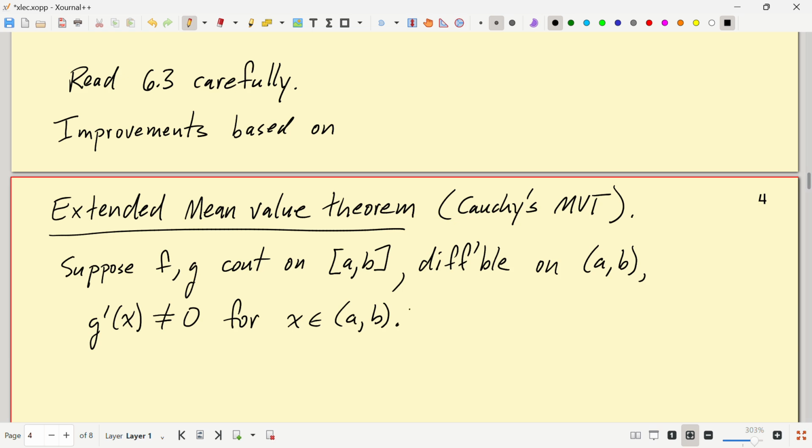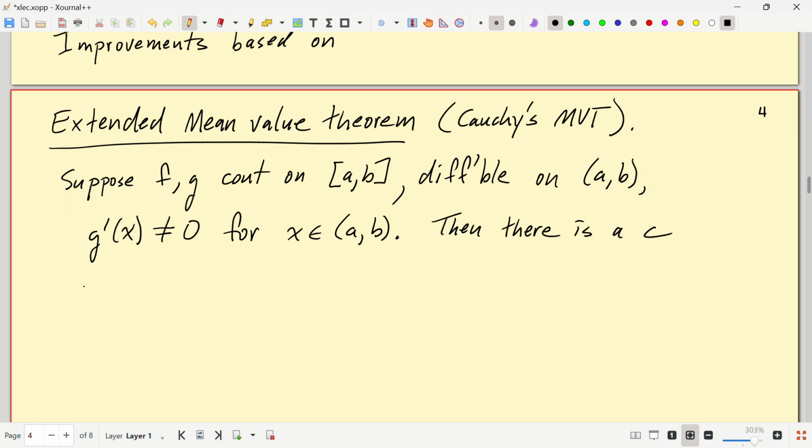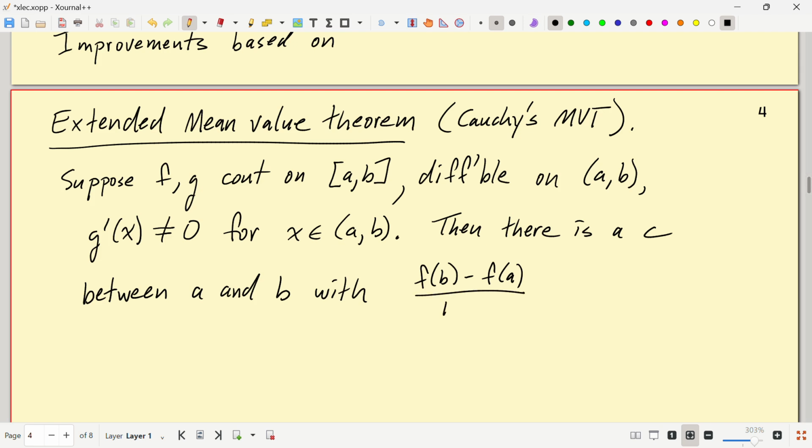Then there is a c between a and b with f of b minus f of a over g of b minus g of a equal to f prime of c over g prime of c.